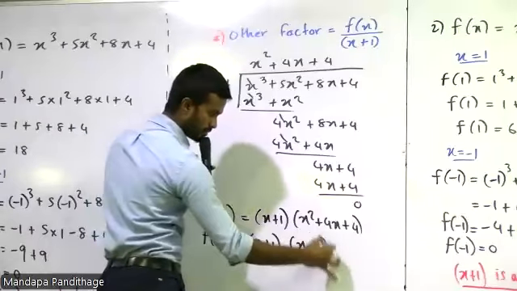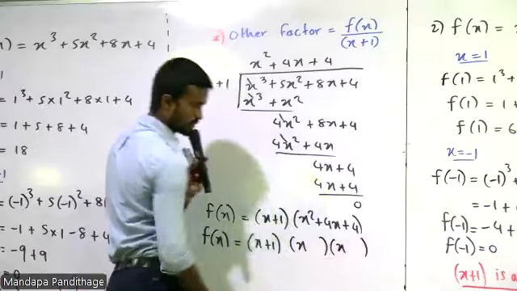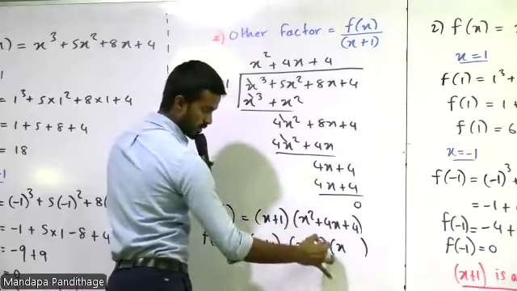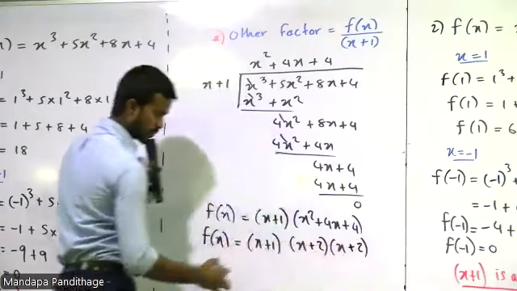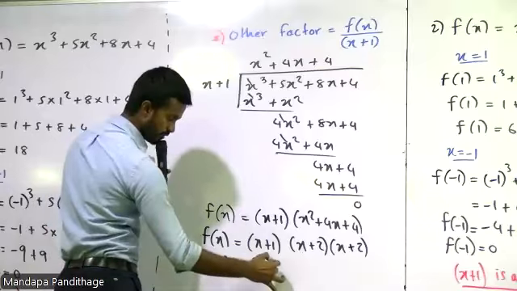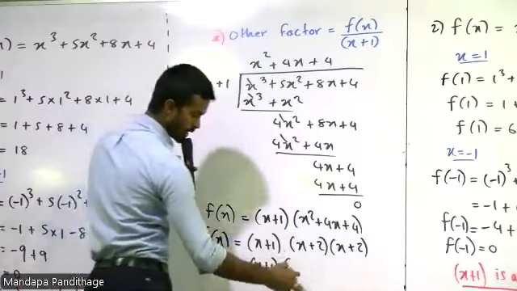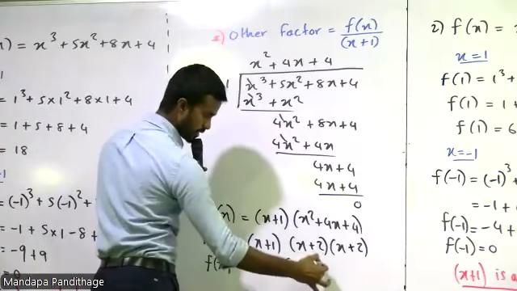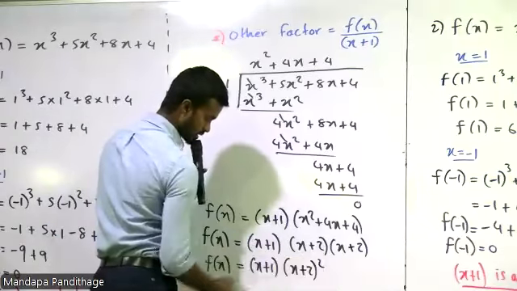It's a normal quadratic one. So you get plus 2 and plus 2. So you can write the complete factorization of f(x). It's x plus 1 times x plus 2 squared. So this is the complete factorization of f(x).